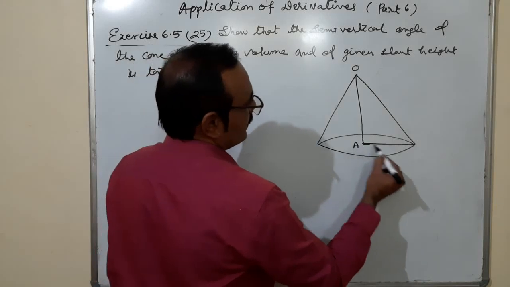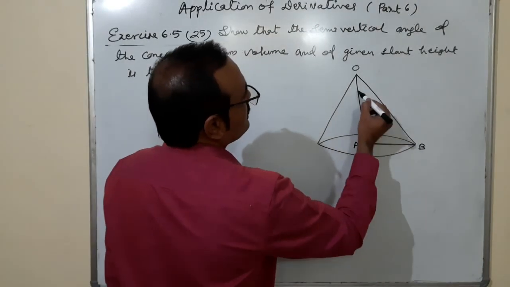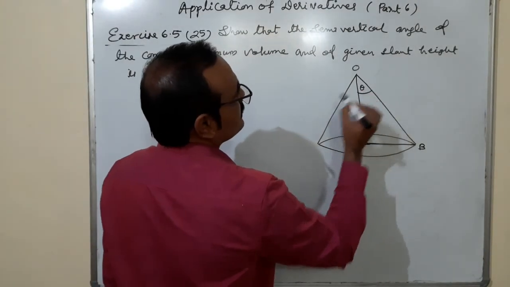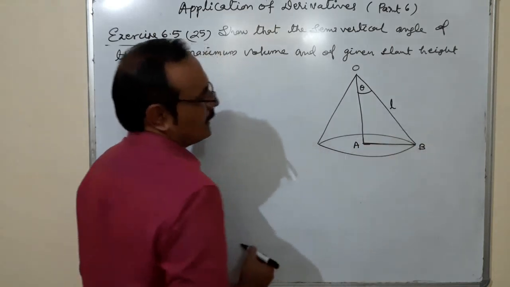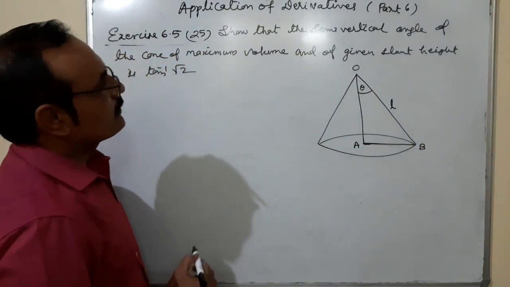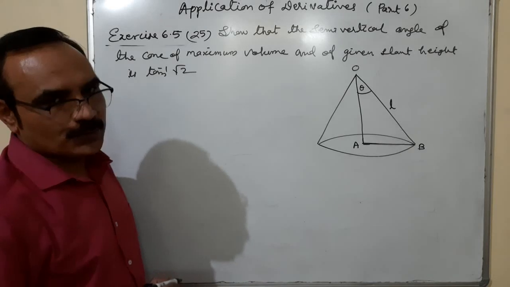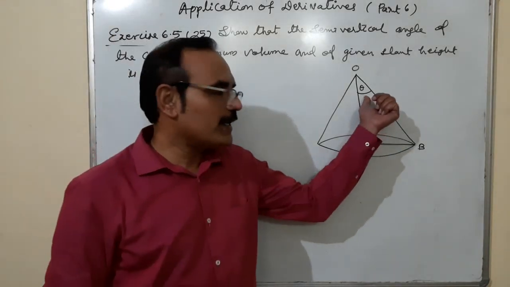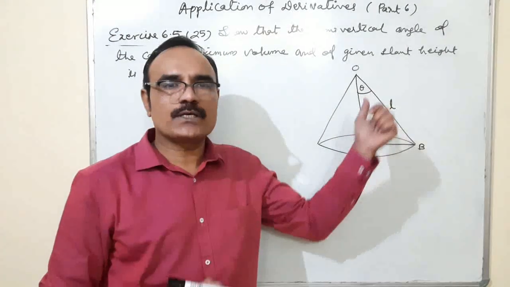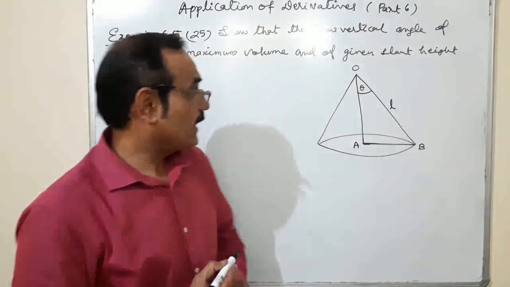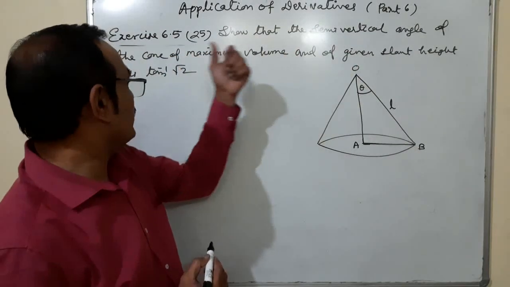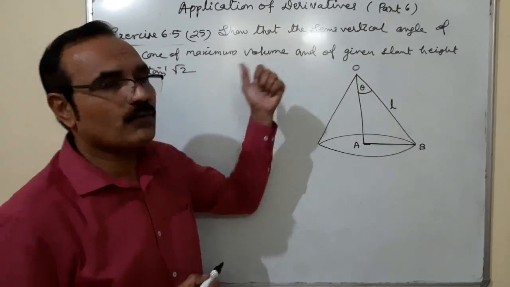O, A, B. This is the semi-vertical angle. Suppose it is theta, slant height L, is tan inverse root 2. So this semi-vertical angle, we want to prove that it is tan inverse root 2.